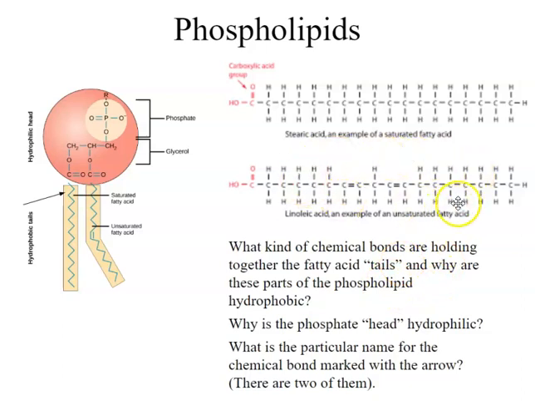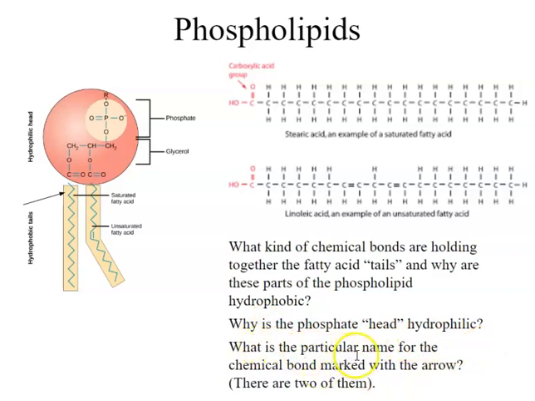Therefore, all of these molecules along their lengths tend to be very nonpolar. They will not hydrogen bond with water, which makes these fatty acid tails in the phospholipid molecule hydrophobic. Okay? The second question is, why is the phosphate head hydrophilic? And I answered that a moment ago.